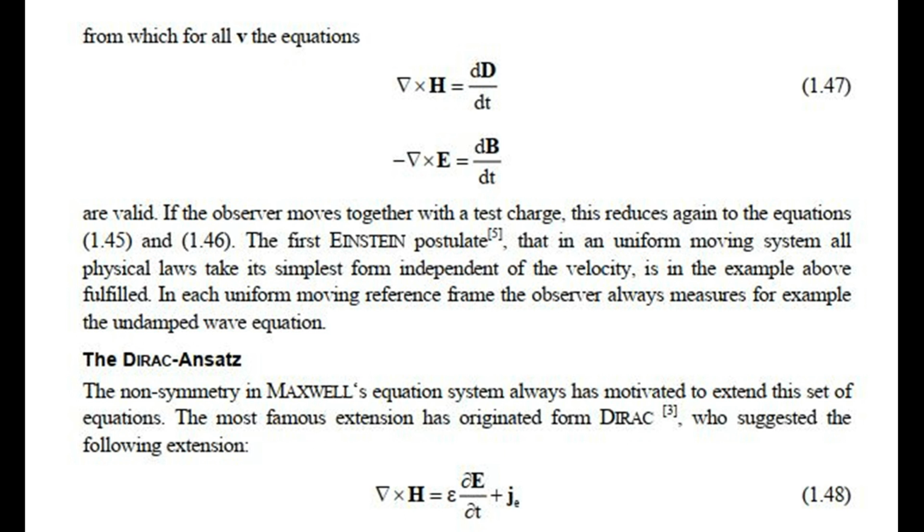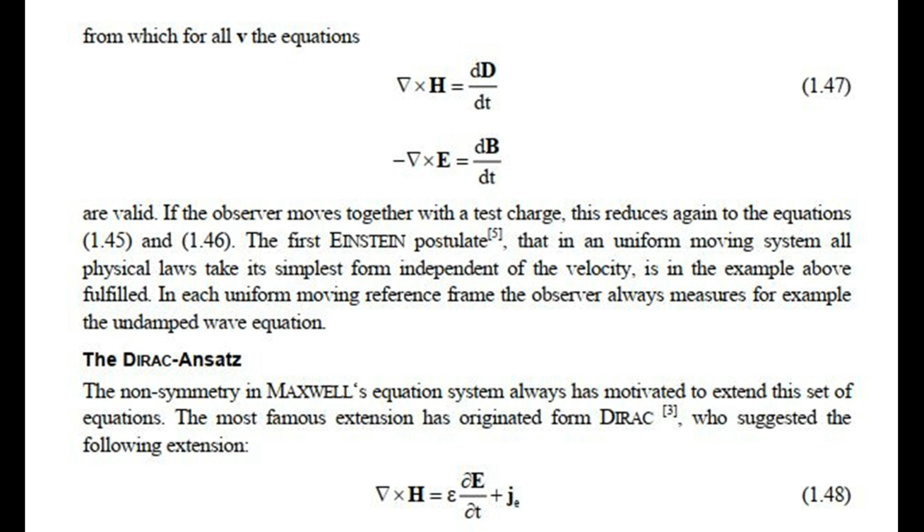If the observer moves together with a test charge, this reduces again to the equations 1.45 and 1.46. The first Einstein postulate, that in a uniformly moving system all physical laws take their simplest form independent of the velocity, is in the example above fulfilled. In each uniformly moving reference frame the observer always measures, for example, the undamped wave equation.